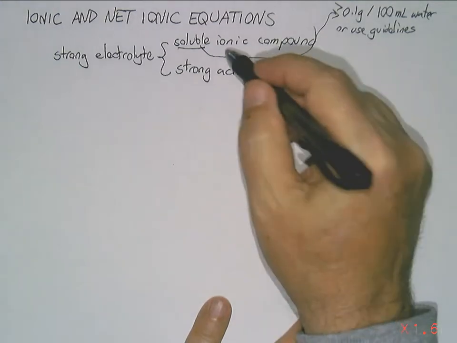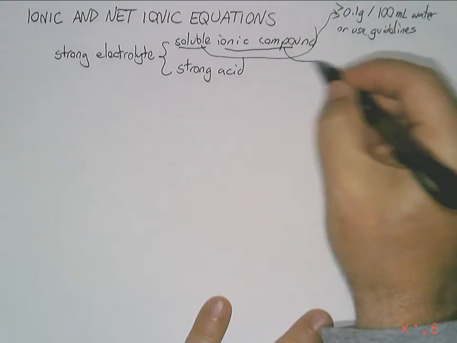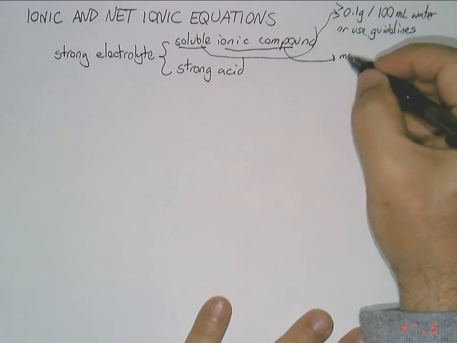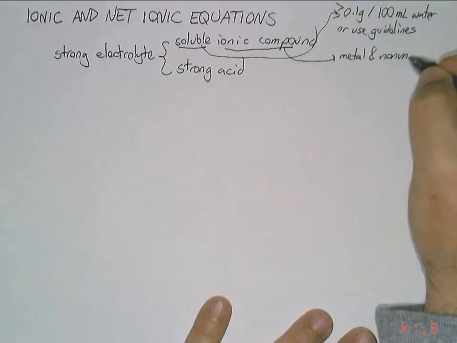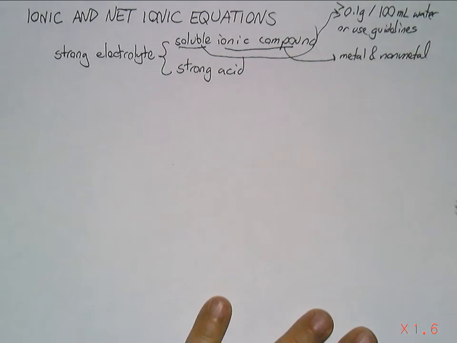Now, an ionic compound, you already know, is usually something with a metal and a non-metal. It has recognizable ions inside of it.